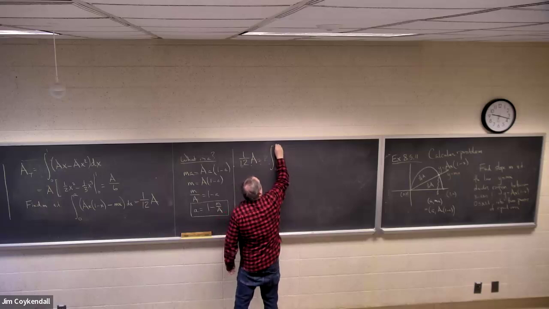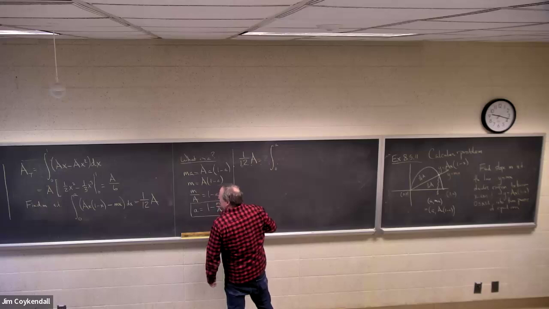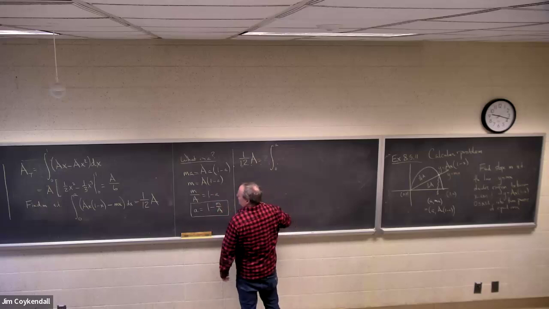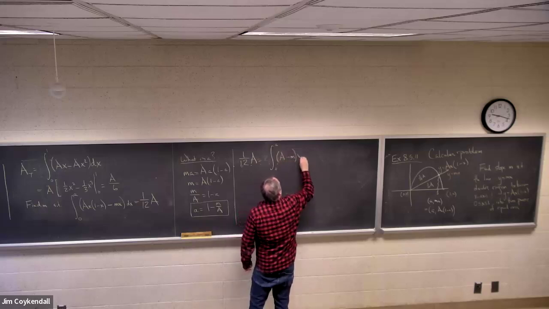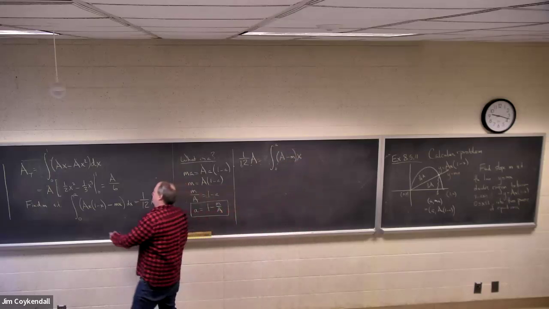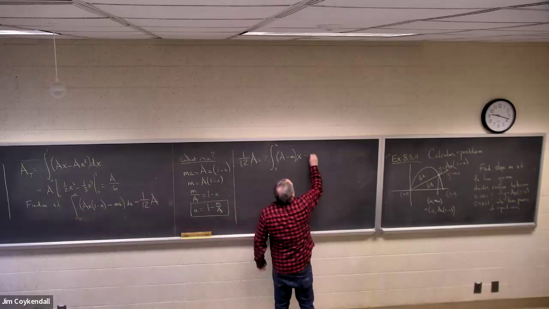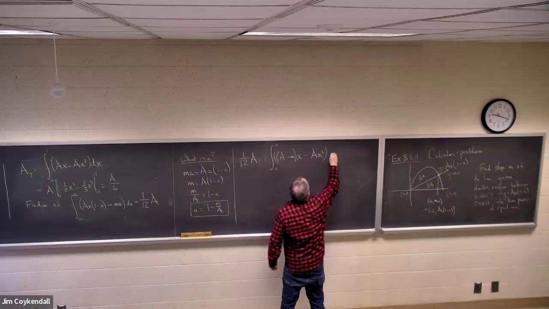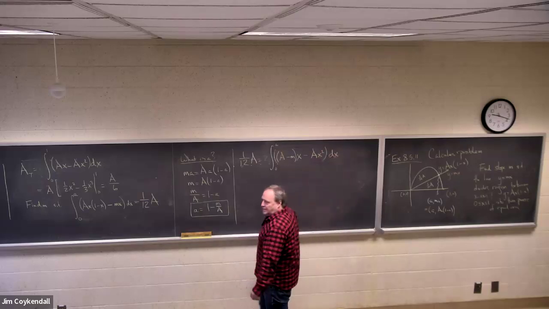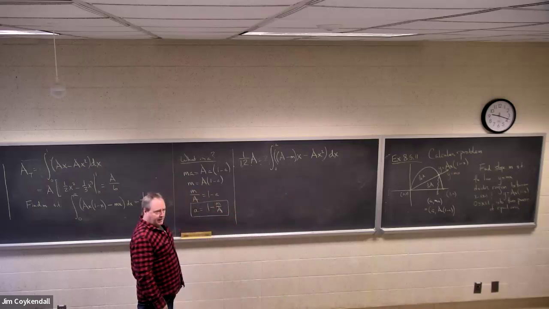Zero to A. I guess it's going to be A minus M, X. AX minus MX. And then it's going to be minus AX squared. Right.